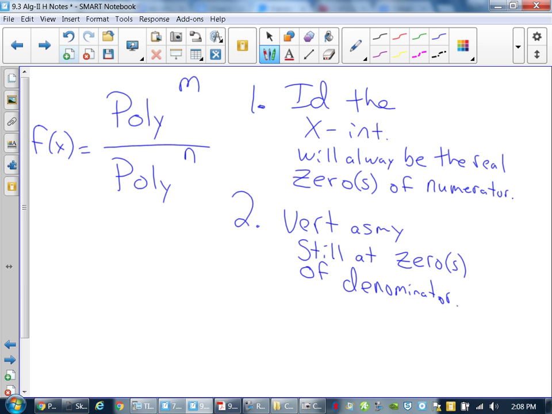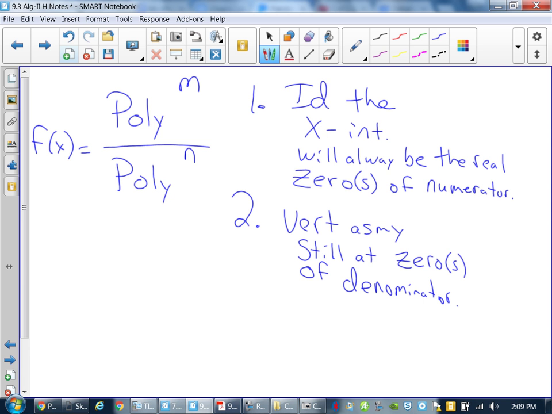In fact, it's the exact same thing as you did yesterday. Once you found the zeros of the denominator, you put dotted lines vertically. Is there any difference in that we have to identify the x-intercepts? Yeah. Okay. And now, I shouldn't say the only difference, because there is one other subtle difference, which is in how you determine where your horizontal asymptote is going to be located.